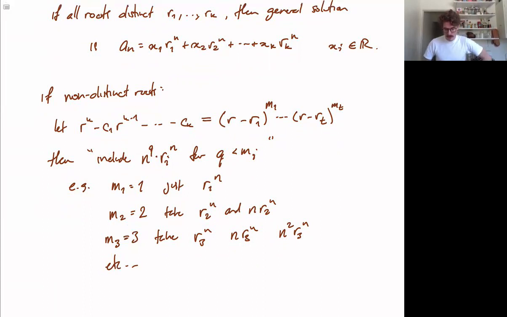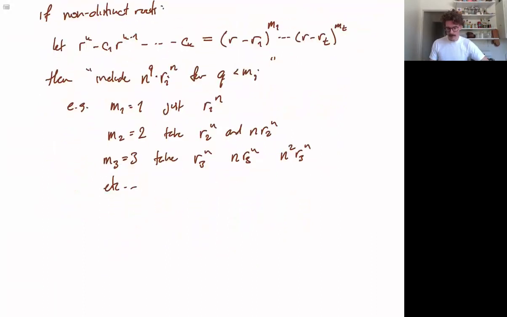Okay, so we've gone over what happens when you have degree greater than 2 and when you have non-distinct roots. So let's try and do an example of all of that.